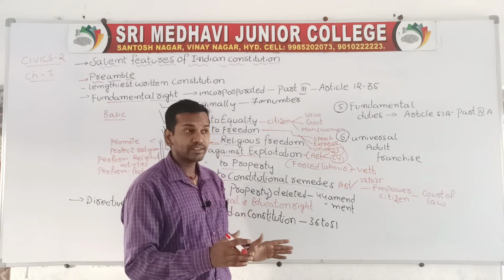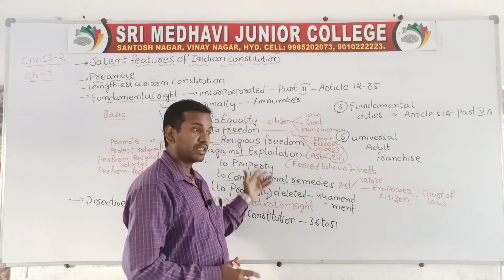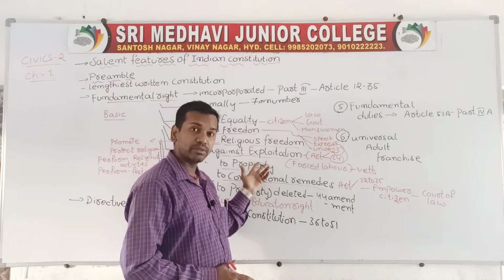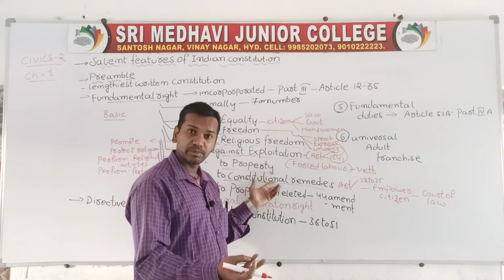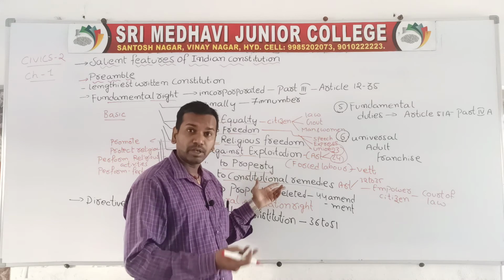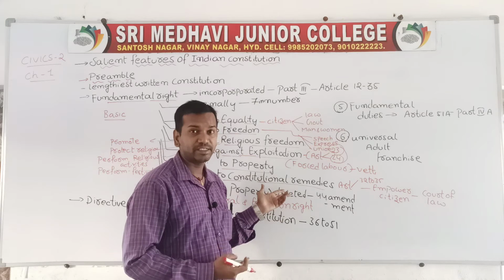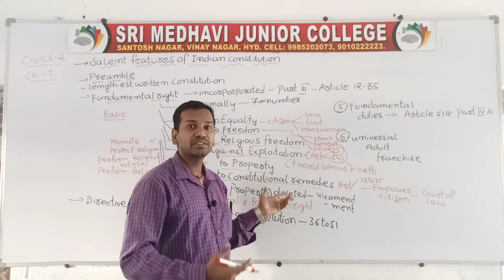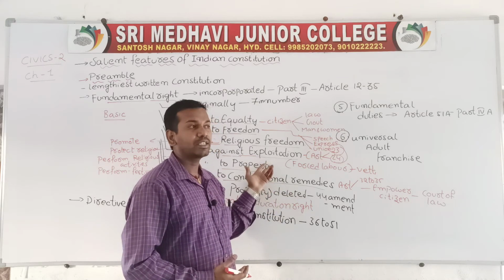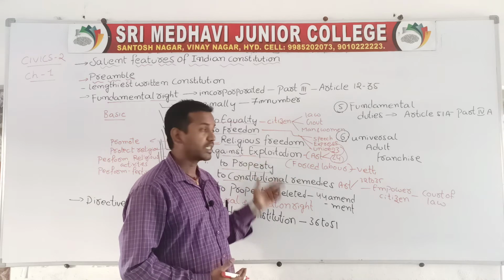To protect this right, the Constitution, according to Articles 23 and 24, says that forced labor cannot be performed, bonded labor cannot be performed, and children should not be allowed to work in factories. Like that, various rules and regulations were implemented regarding the right against exploitation. That is one point.